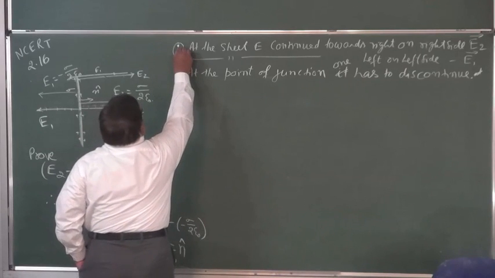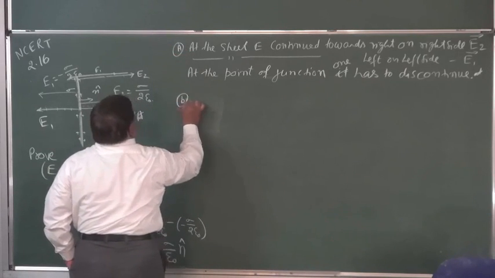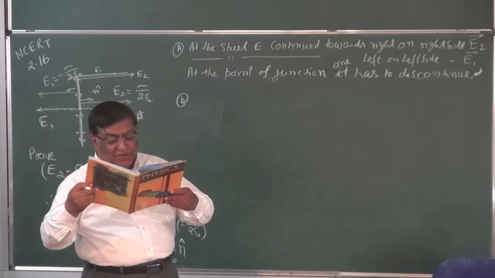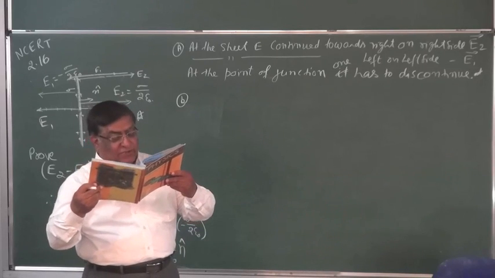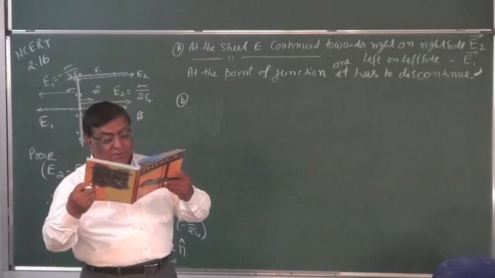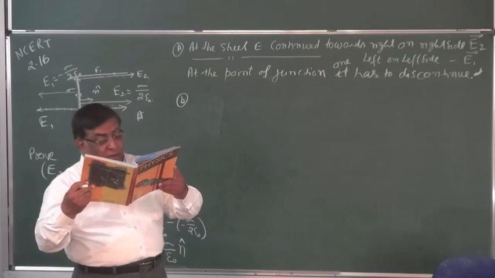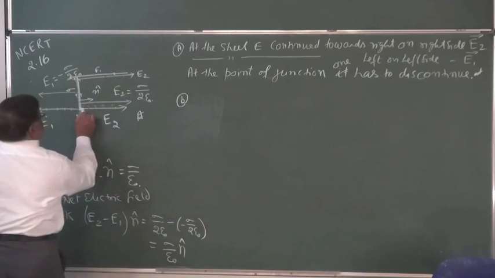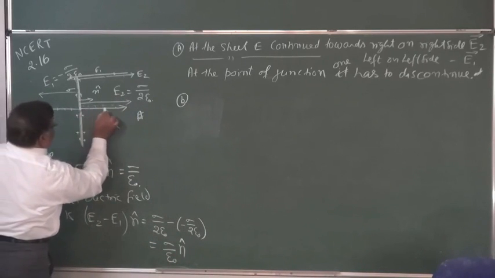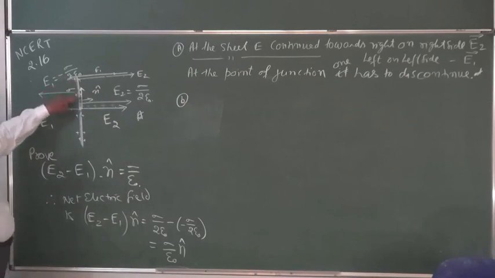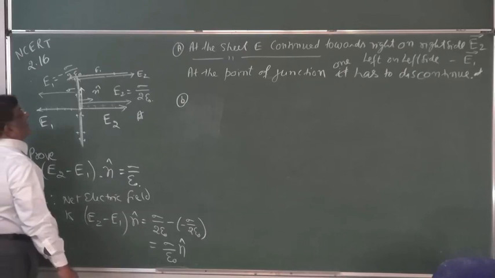Okay. Now, its second part. In the second part, it is asked, show that the tangential component of the electrostatic field is continuous from one side of a charged surface to another side. Tangential component of the electrostatic field. This is electrostatic field, this is perpendicular component, and this is tangential component. All the charges here are settled. They are not moving. So why are they not moving?